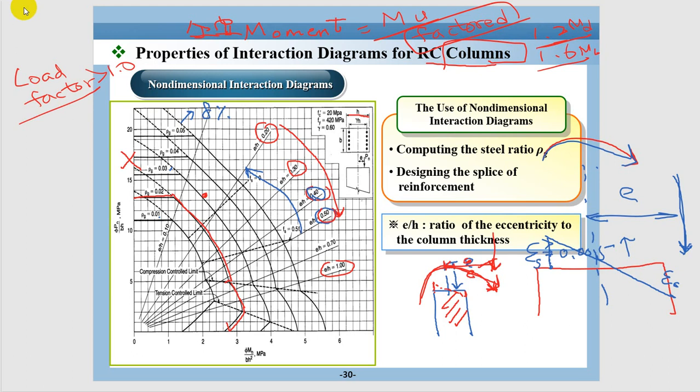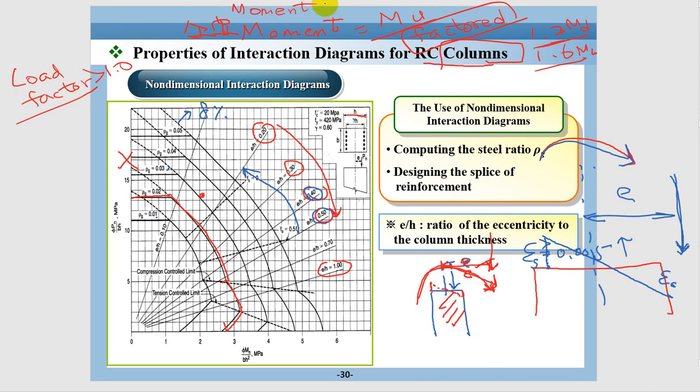So we call 소요 하중 the moment demand. So moment demand also is called a factored moment.